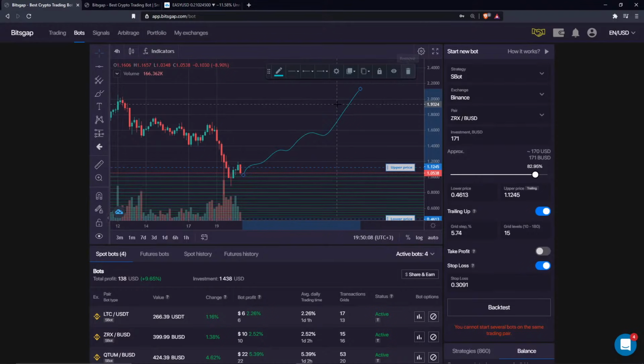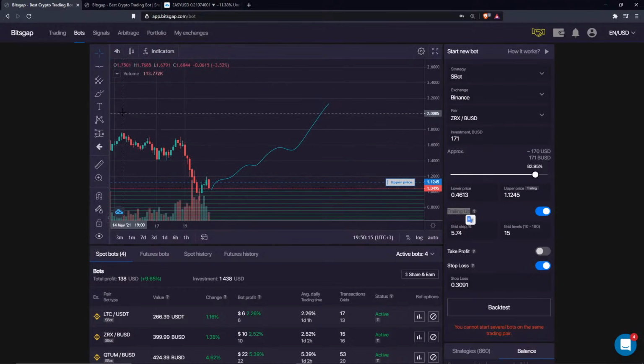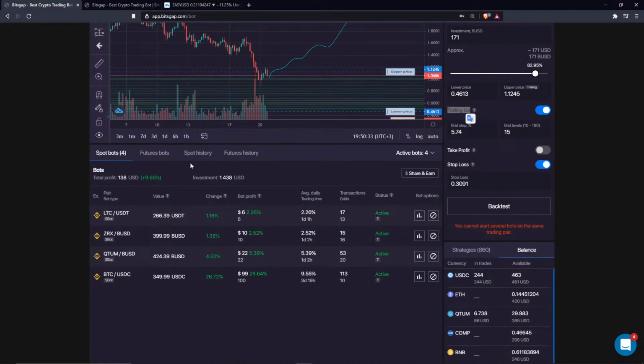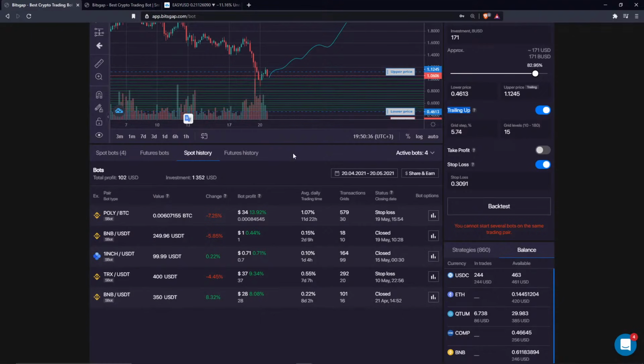I will be always sure that since I enabled the trading up, the bot will follow the rally, and it will keep making me money on a daily basis as I'm away doing something else. That's something that you will not have in smart trade mode, because in smart trade mode you have to manually adjust the orders that you set all the time. Here everything is automated, and that's why automation is really a big thing, honestly.